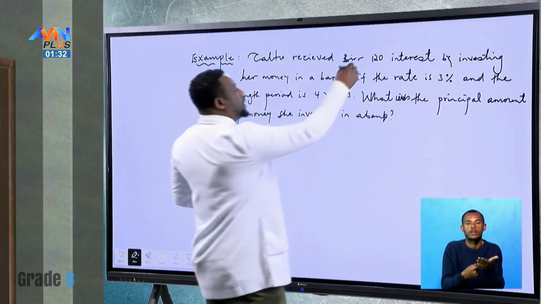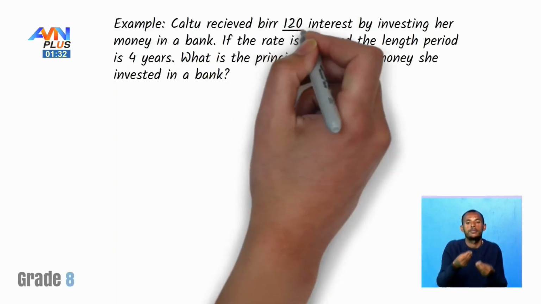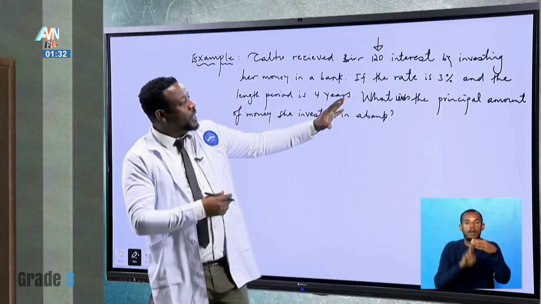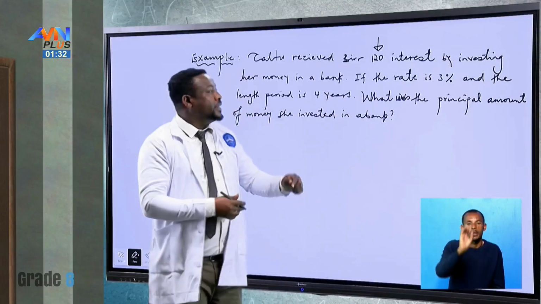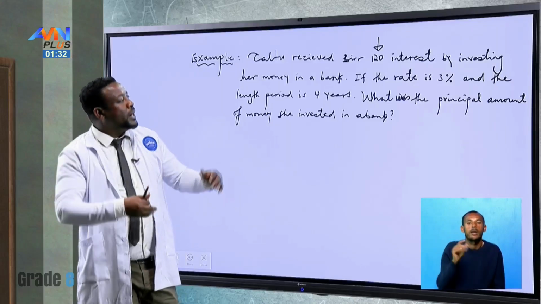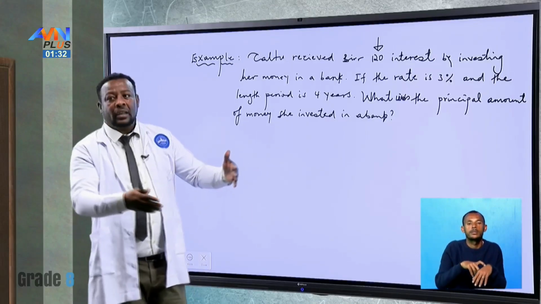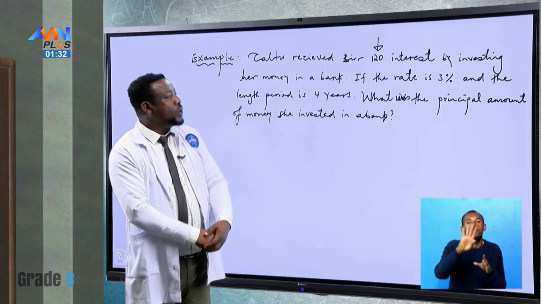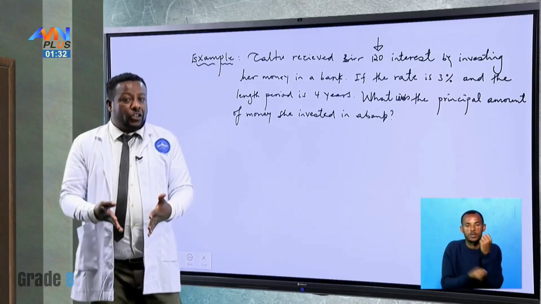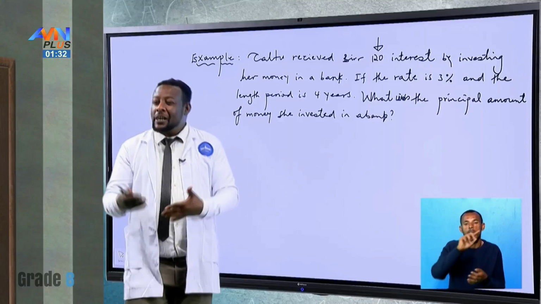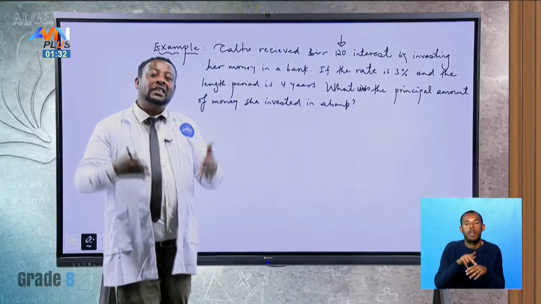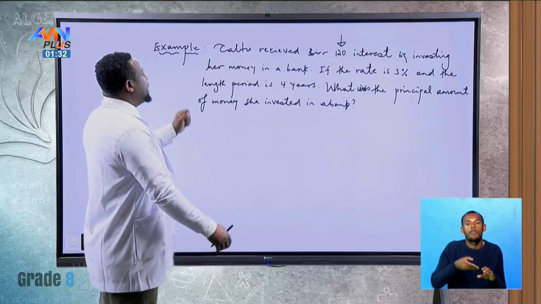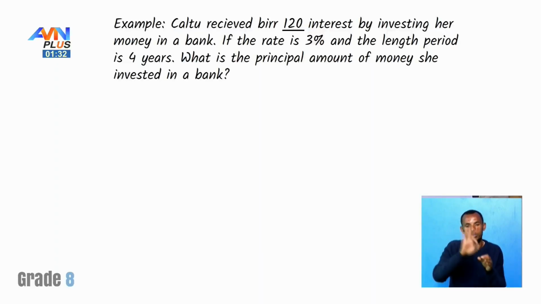The interest is given, it's about 120 BER, and the rate is 3%, and the length of period that she invested her money was 4 years. So based on this information, we are asked to determine the principal amount of money that she invested in a bank, right? So let us put the given information properly.